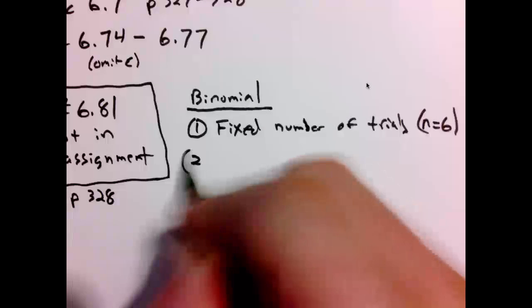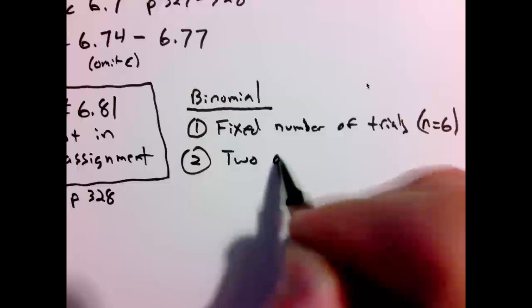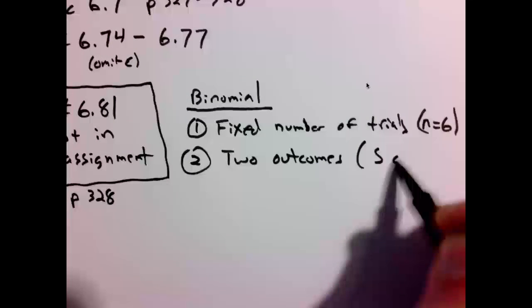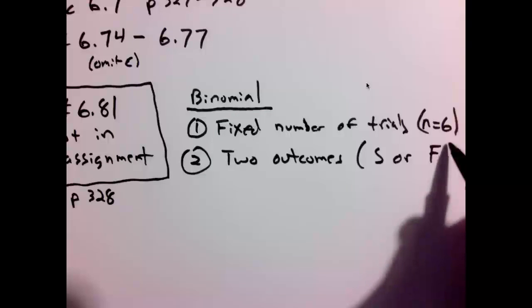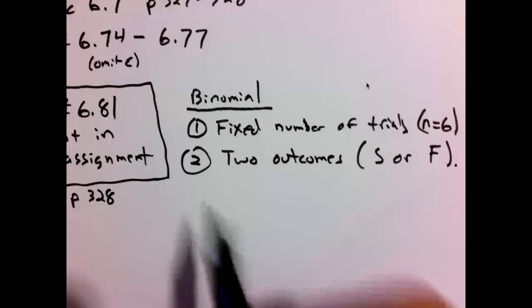Number 2, 2 outcomes. Success or fail. In this case, the thing they like to do most is to sleep or rest, or not that. Only 2 outcomes to the situation.